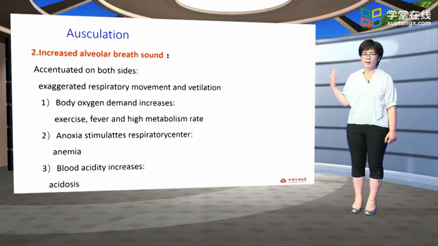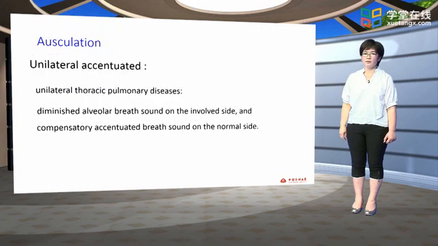They have more acidosis, so they need to get more carbon dioxide out of the lungs. They need deeper and quicker inspirations, so they have increased alveolar breath sound.